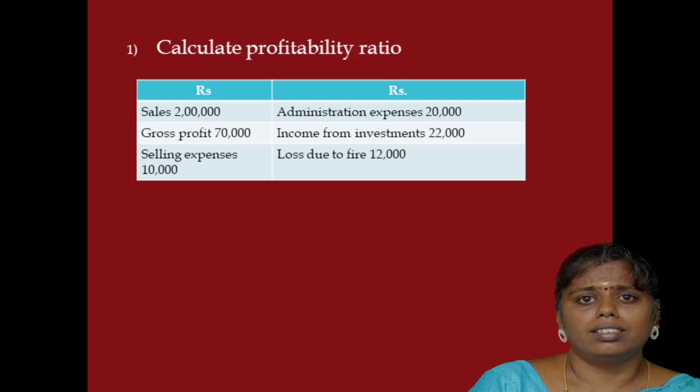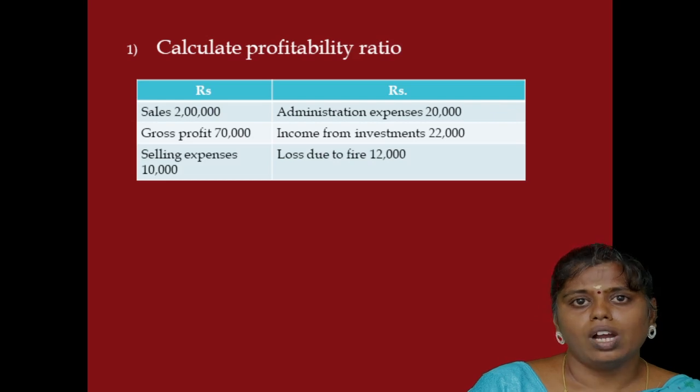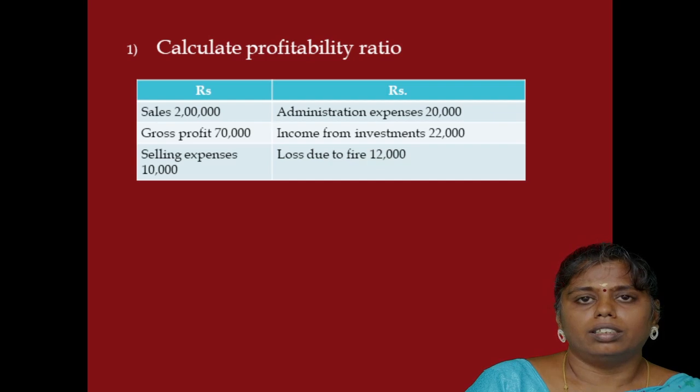Now we will discuss a small problem. First one, calculate the profitability ratio. To find the profitability ratio, we will look at a small problem. Two ratios are included in the profitability: one is gross profit ratio, another one is net profit ratio. The items are given.